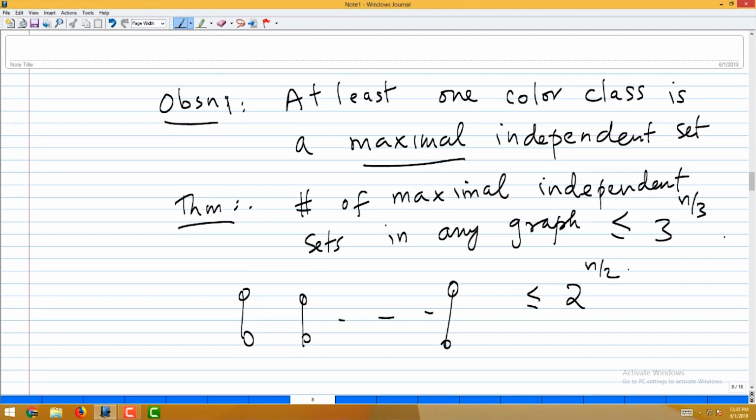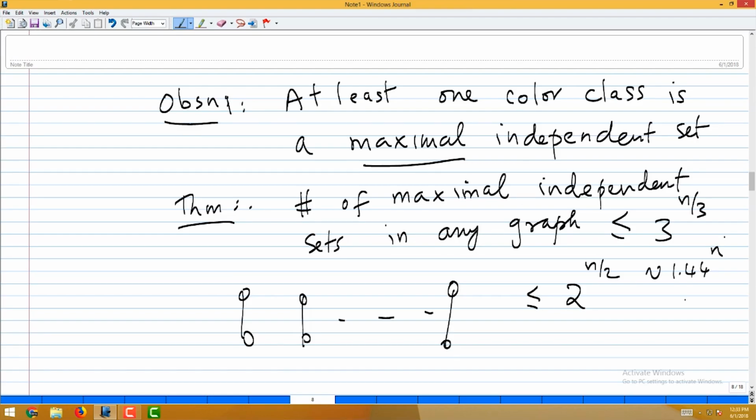This is the class of graphs that achieve this maximum. In any other graph one can show this, which requires a proof. I have just shown you examples of graphs achieving this many maximal independent sets, but one can prove that the number of maximal independent sets in any graph on n vertices is at most 3 power n by 3. Okay. So, 3 power n by 3 is something like 1.44 power n, because 3 power 1 by 3 is 1.44 something.